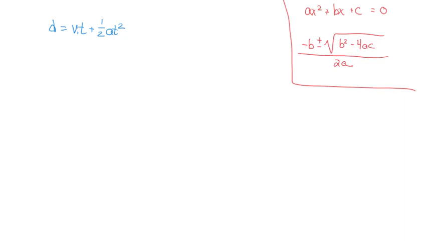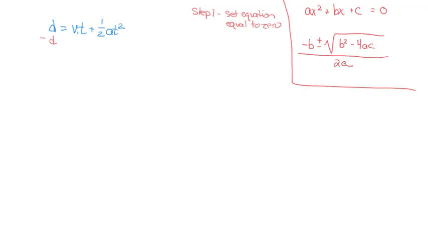And step one is to set the equation equal to 0. And to set this equation here to 0, I need to subtract d from both sides.